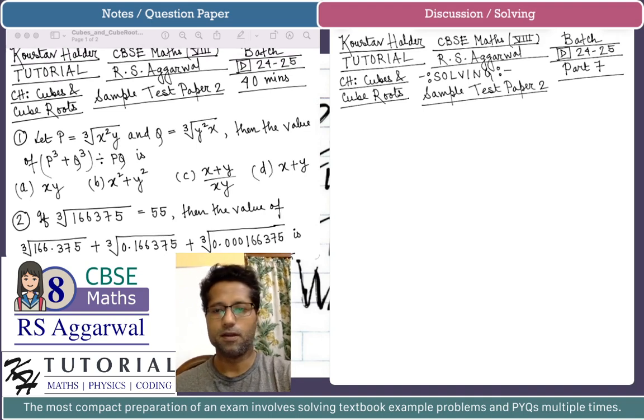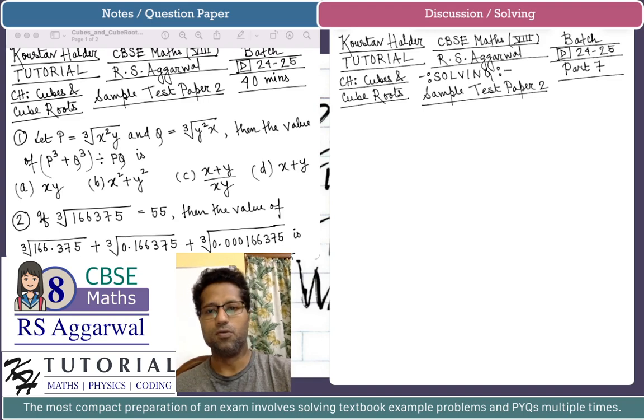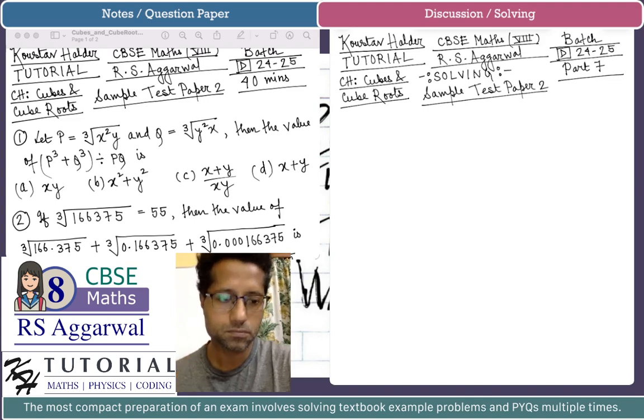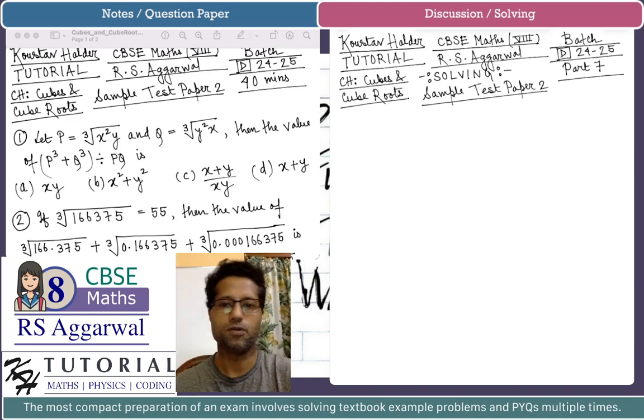On the right hand side, I will solve the problems, and after solving a problem, I will pause for a few seconds so that you can pause the video and take a screenshot of the solution for your future reference. Always try to solve the problems of the test paper yourself first, and only when you are stuck and cannot solve a problem, then see the solution video for reference. Okay, let's start solving the problems.